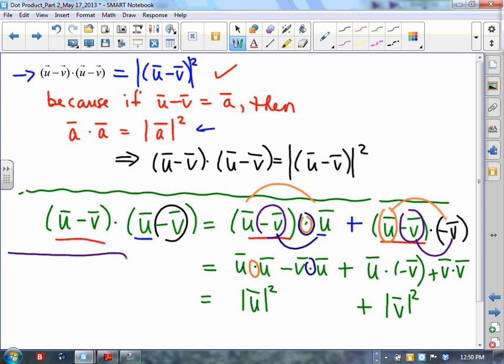Okay, so just over here, what we want to take note of is that minus v dot u is also equivalent to the minus of u dot v. Okay, so we can do that using the associative property. Okay, and then we also have the following statement.